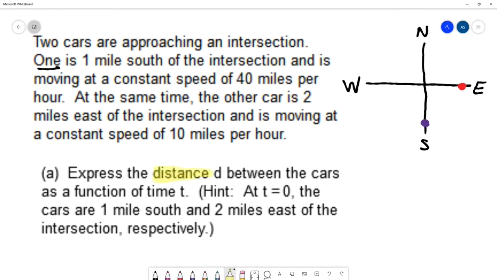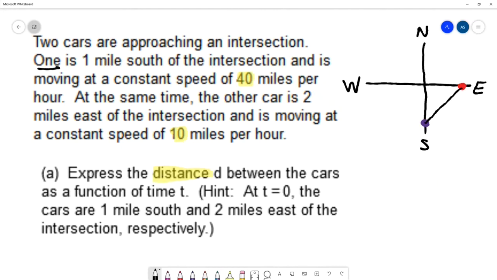The cars are moving, one at 40 miles per hour and one at 10 miles an hour. So we could measure the distance between these 2 points, but it's constantly going to be changing. So it's not going to be a numerical answer.